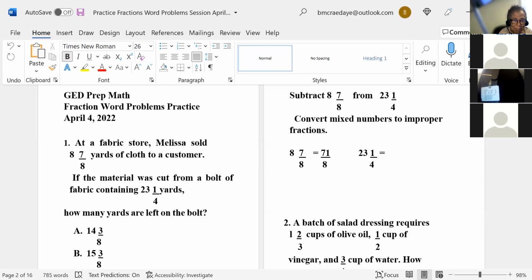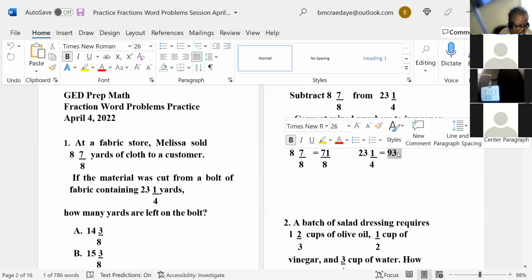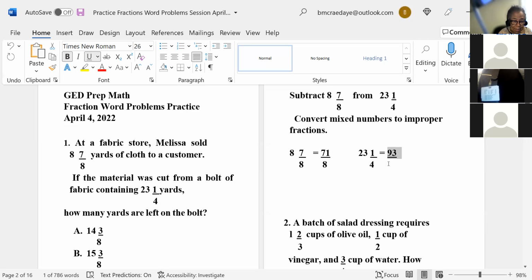Now, what would this one be? 4 times 23 plus 1 is what, Mercedes? 92. And then add the numerator, so that would be 93. Then put it over the denominator, which is 4.